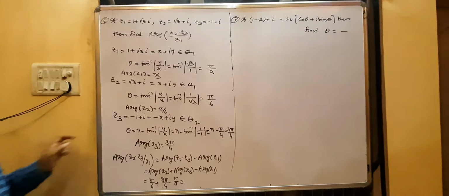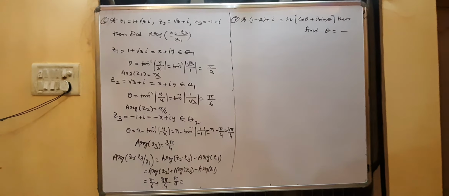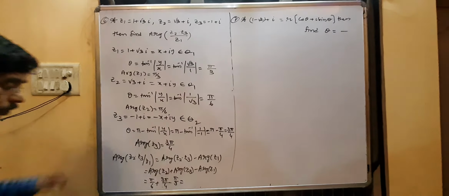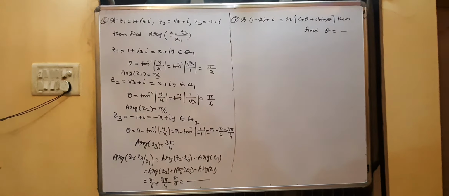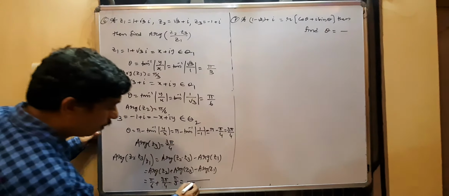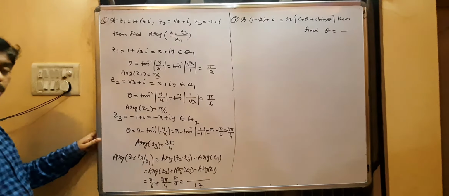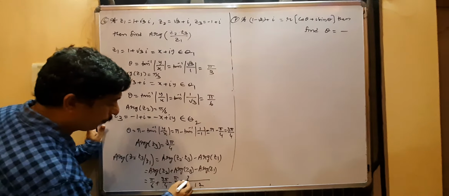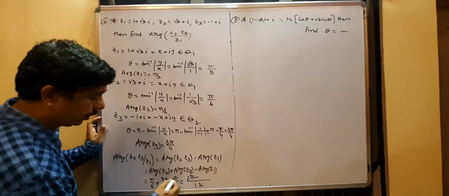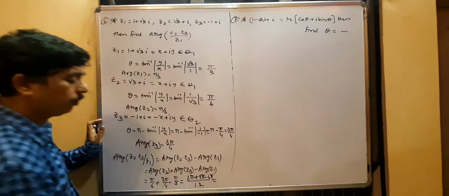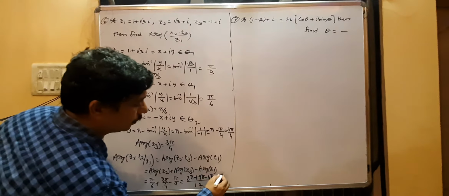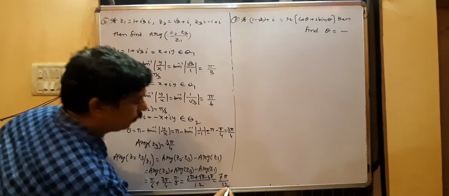You can take LCM of 6, 4, 3, LCM 12, obviously. So numerator will go to 2 pi, plus 9 pi, minus 4 pi, 7 pi by 12 is the answer. Copy it.